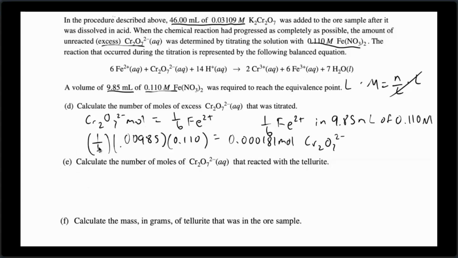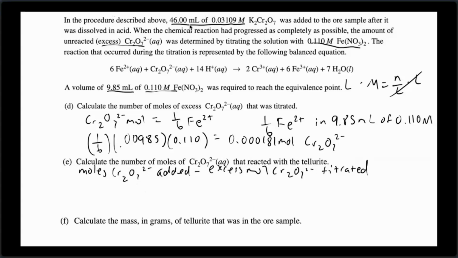So all we have to do is subtract the moles of Cr2O7 with -2 charge that is added, and we subtract that by the excess moles of Cr2O7 2- that was titrated.